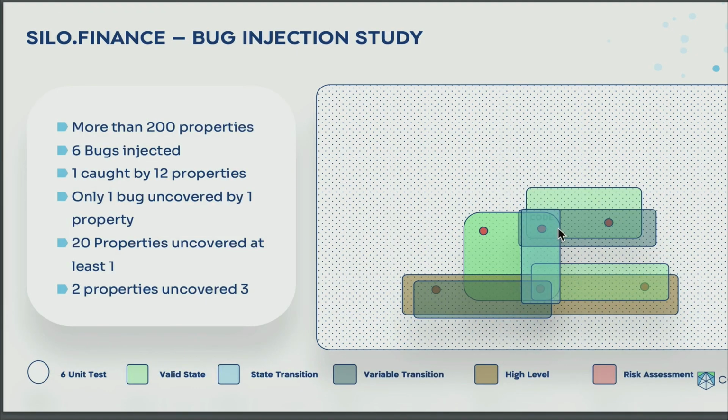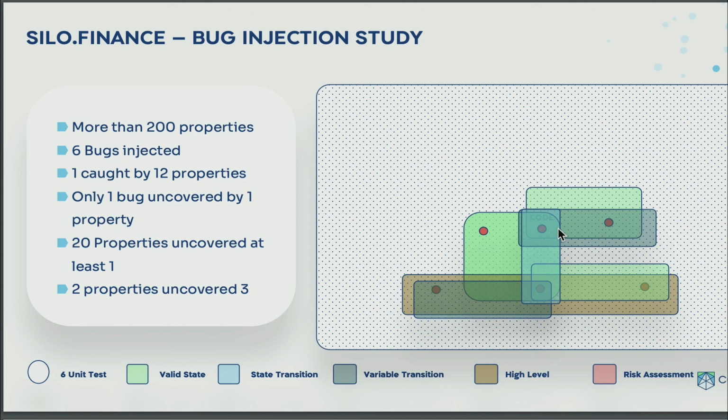And this is from SILO, another coverage study that we have done. As I said, this team did an amazing job on defining properties, and we did a bug injection of 6.